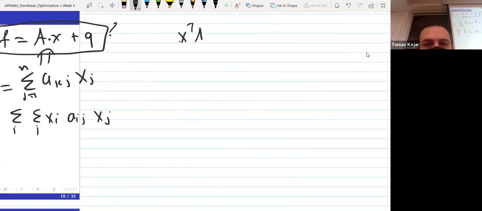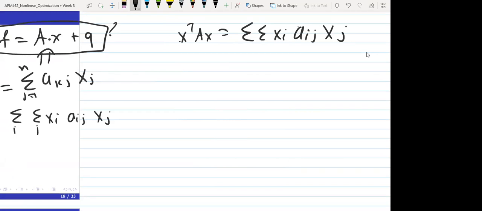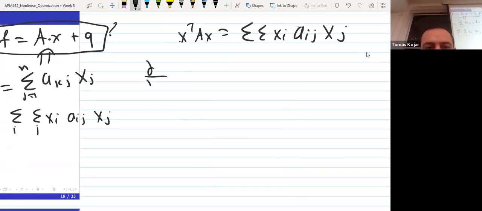So, x transpose Ax is equal to this guy, right? Now let's take derivative in x_k of this whole thing. What do I get? So let's do it step by step. I keep having to think about this.